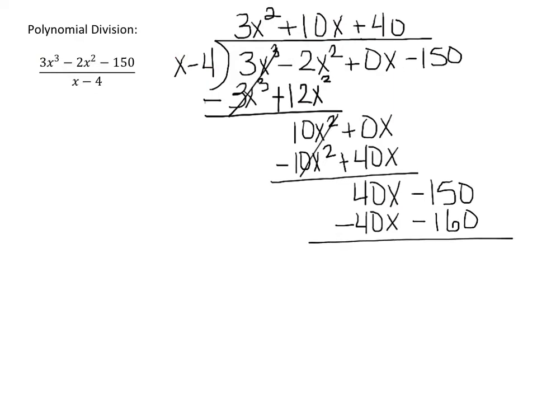When I subtract, that becomes negative, that becomes positive, and I am left with 10. So this means that I have a remainder of 10. The way that I would write this is plus 10 over x minus 4.